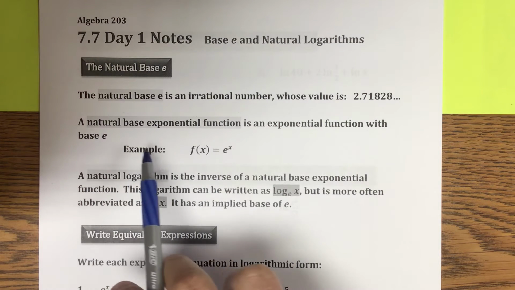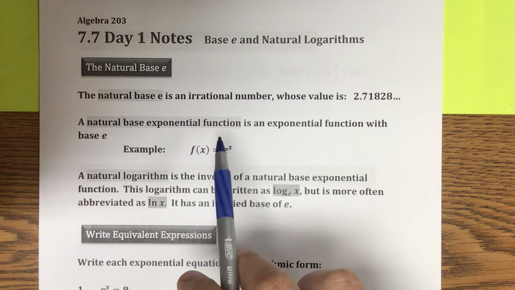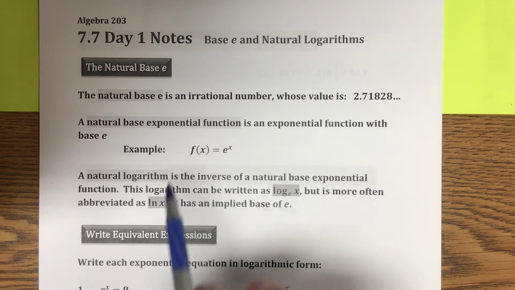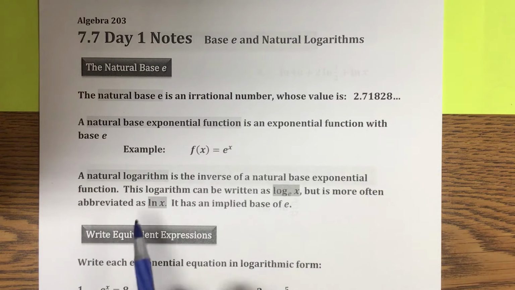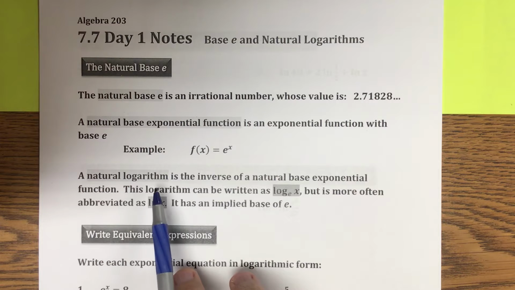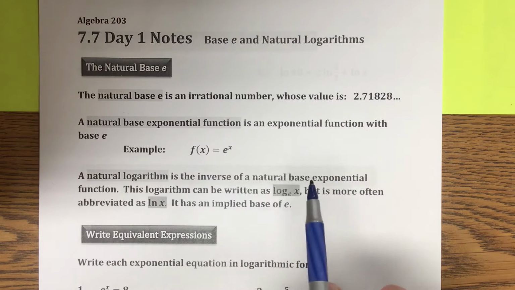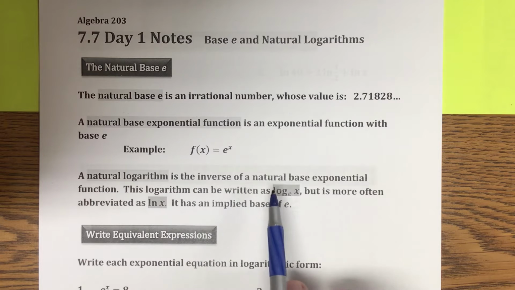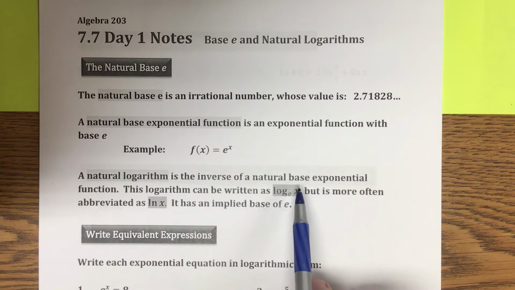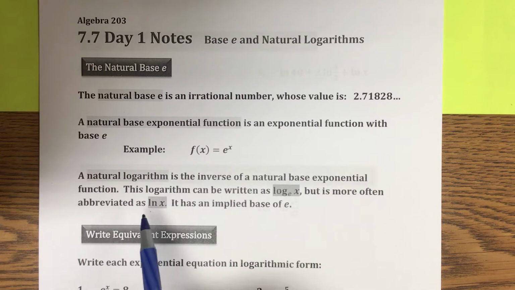So a natural base exponential function is an exponential function where the base is e. And so the natural logarithm is the inverse of the natural base exponential function. While you can write out log base e of x, there is a more abbreviated version known as natural log of x.